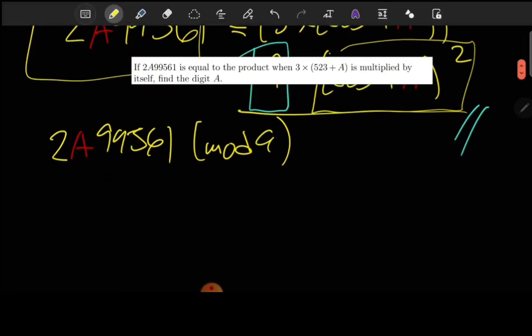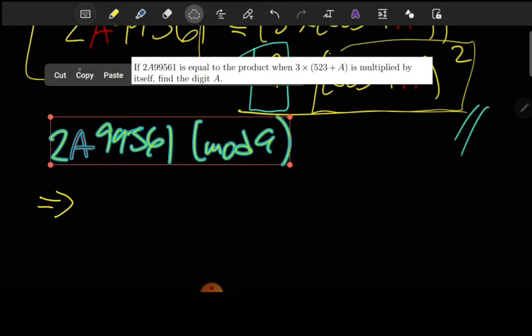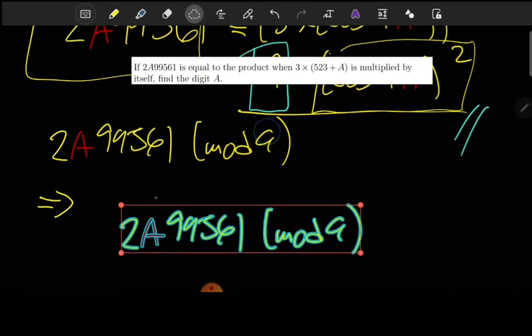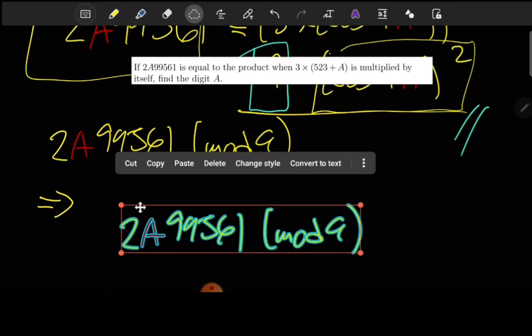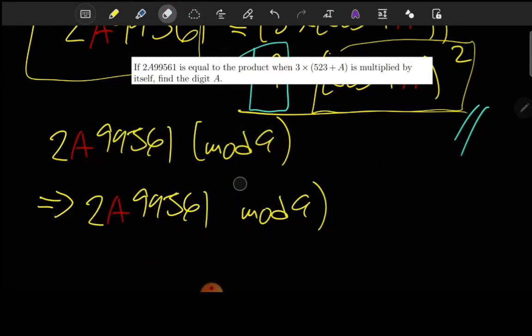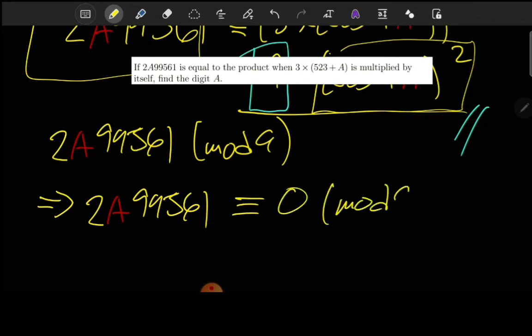To elaborate further, this number is congruent to 0 modulo 9.